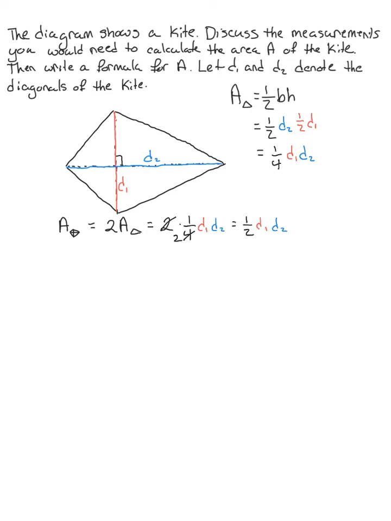So I'll write this in green. Let's see how green works. Okay. Now I'm going to put this kite inside of a rectangle here. Okay, now within this rectangle, we actually have 4 rectangles.